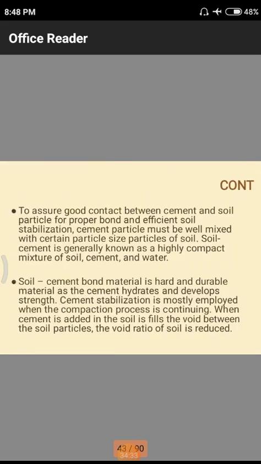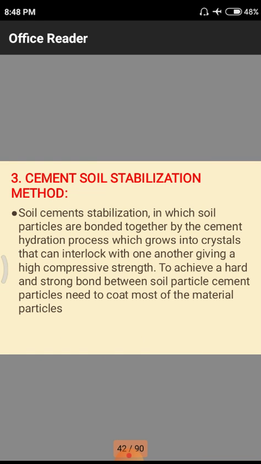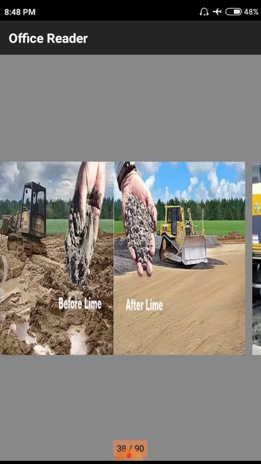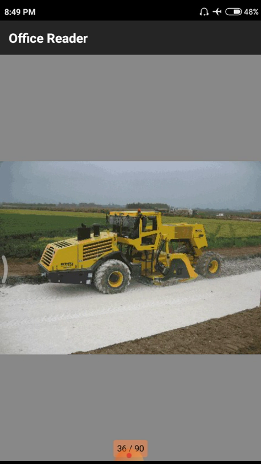Once again we have to observe all those points. Soil stabilization, how we have to do these soil cement stabilizations. And we have to compare the advantages and disadvantages of lime stabilization and soil cement stabilization.